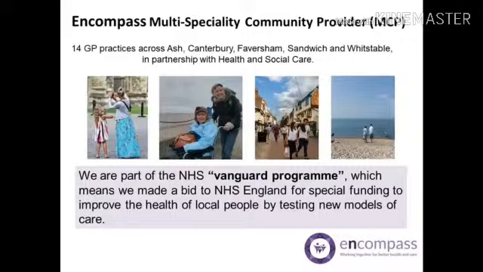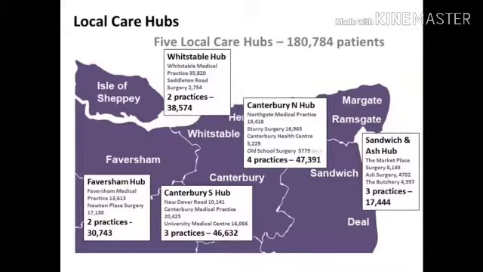There are some very nice pictures there of Canterbury, Whitstable, Sandwich, Ash and Faversham. So in Kent we've got some seaside areas, some rural areas, and some Canterbury city centre. It's a city because it's got a cathedral. But actually we came together to test a new way of working, and that was multidisciplinary team working.